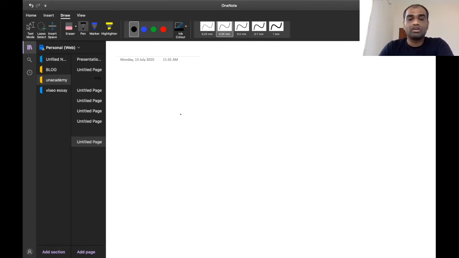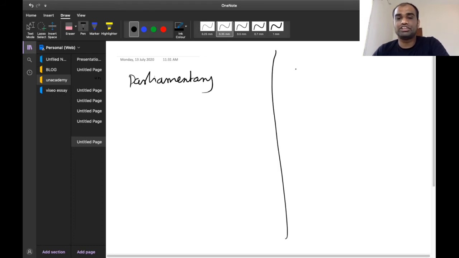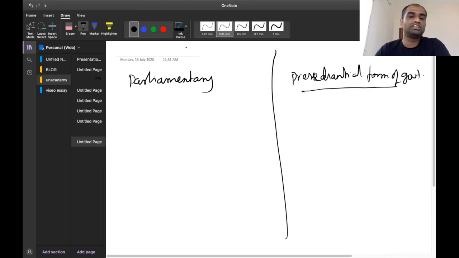Clear? Now let's compare the differences between the parliamentary form of government and the presidential form of government.